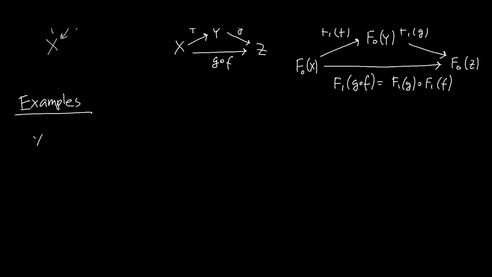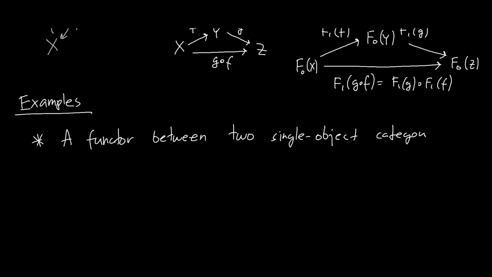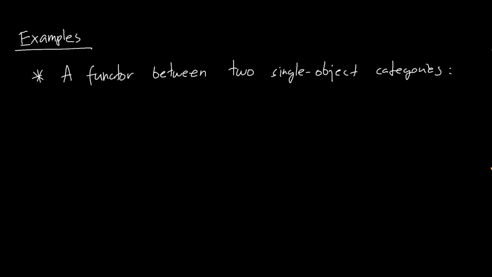So our first example will be a functor between two single object categories. A single object category is essentially the same thing as a monoid, right? So if I have only one object in my category, let me actually call this object C, and the other one will be called D in the other category.